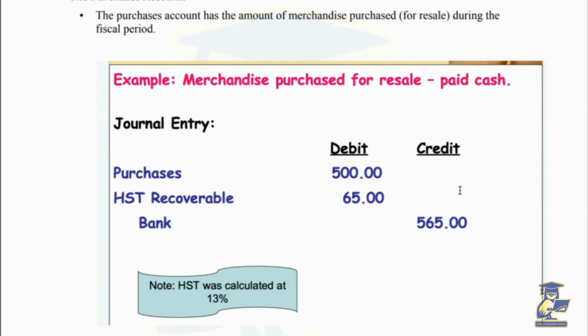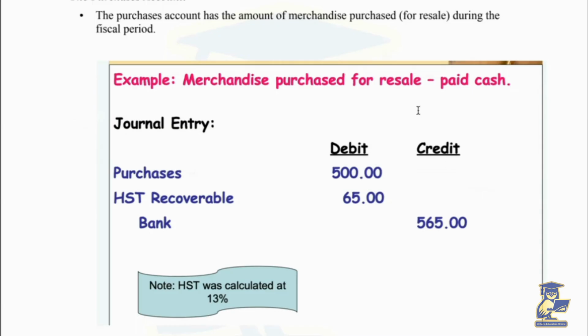The merchandise purchased during the fiscal period is collected in the purchases account. Purchases is a short version of purchases of merchandise for resale. The purchases account is found in the expense section of the ledger. Some accountants place it as the first account in that section. If merchandise for resale is purchased for cash, the accounting entry at the cost price is as follows.